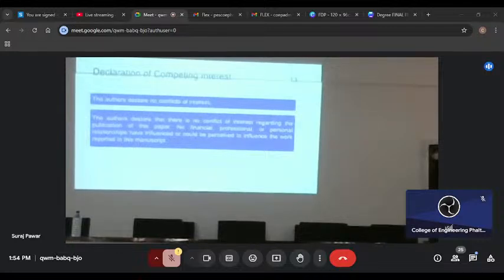Okay. So sometimes they ask you to put this sentence under this declaration of competing interest: professional or personal relationships have influenced or could be perceived to influence the work reported in the manuscript.